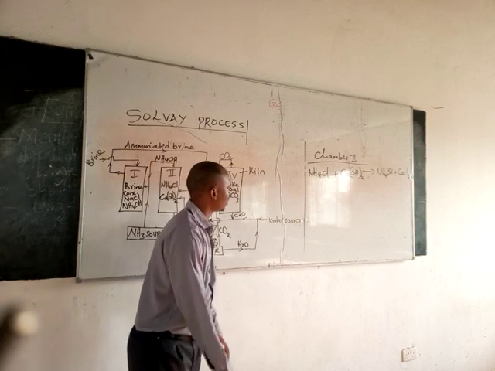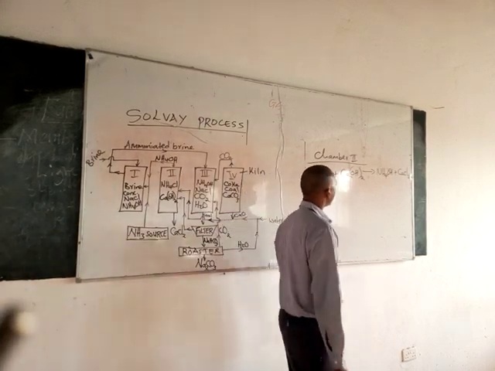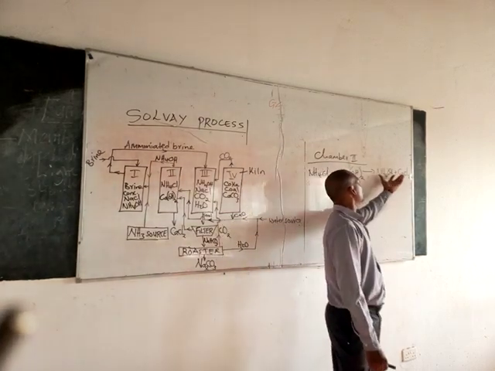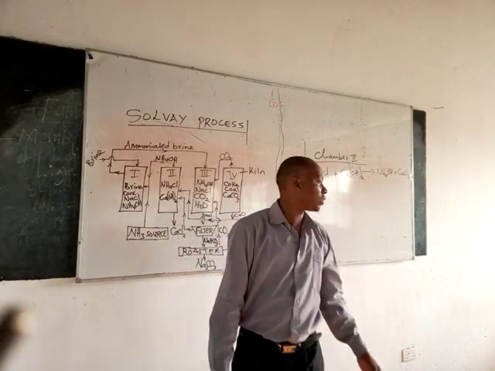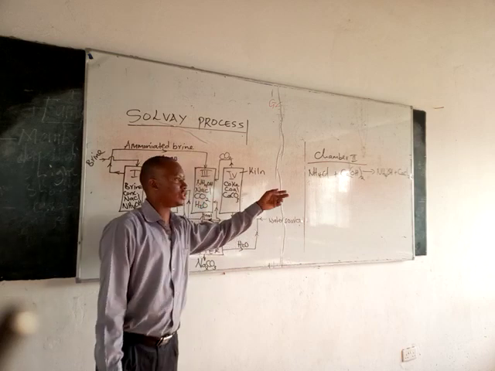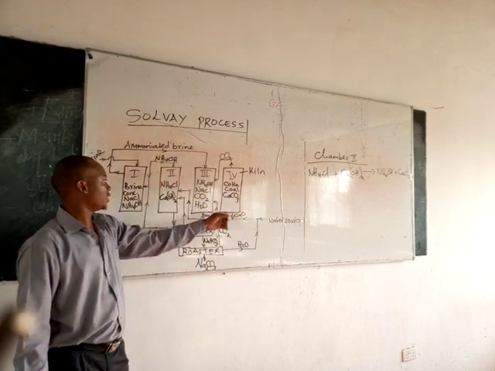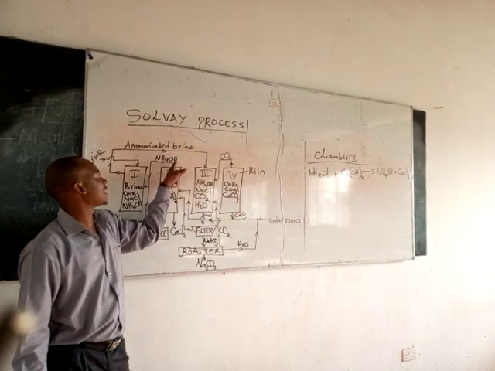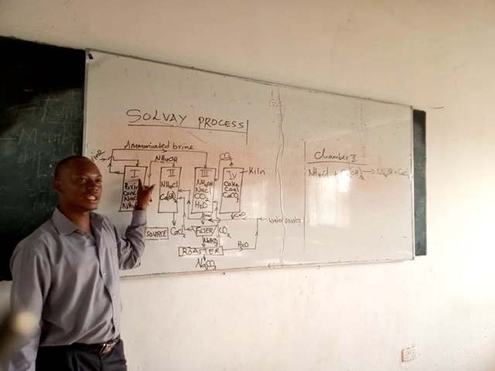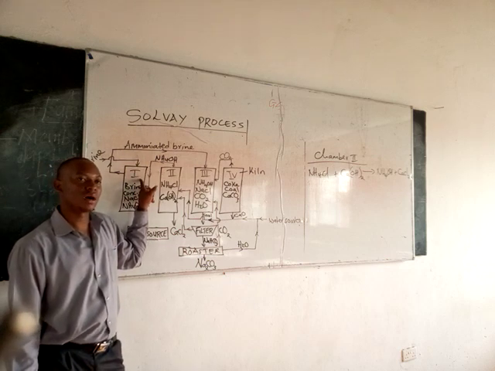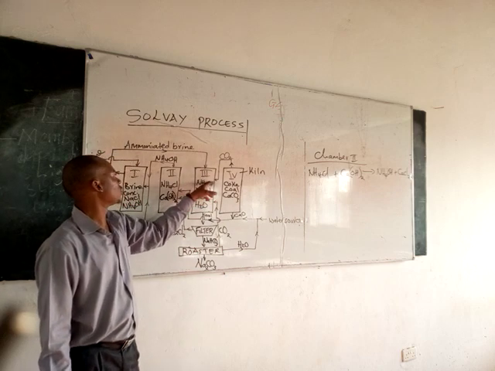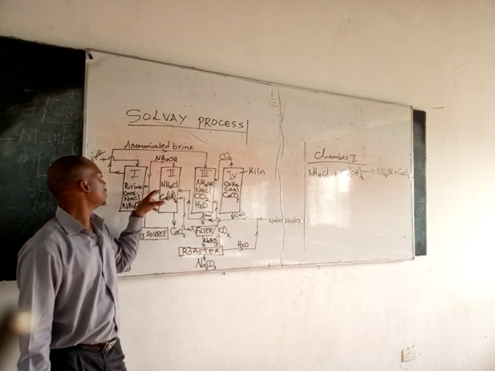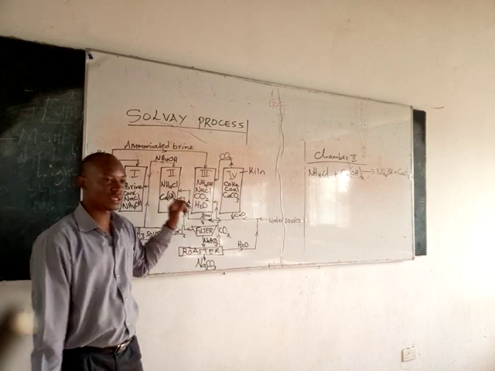The remaining product, apart from calcium chloride, is ammonium hydroxide in chamber 2, which is recycled again to start the process in chamber 1. So that's how the reaction goes.